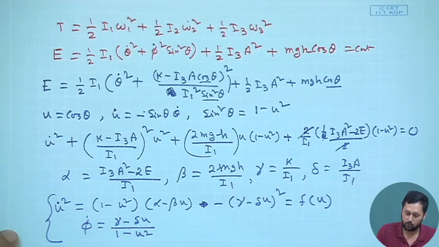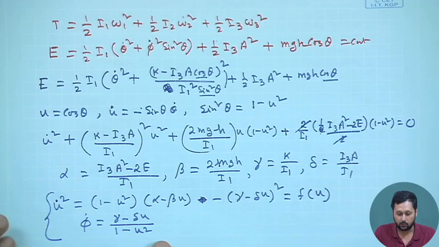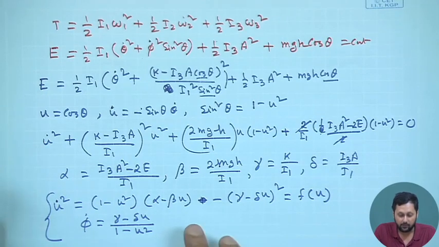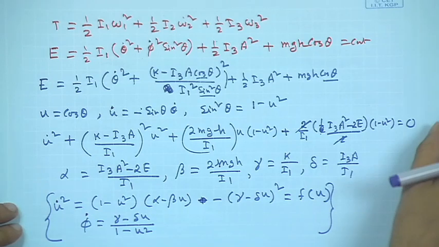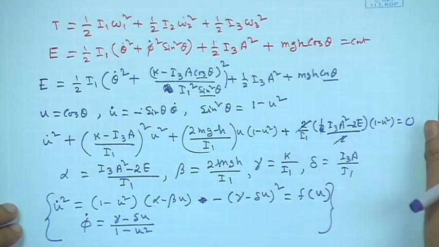So, these two are the expressions which we will be using to give a physical description of the top's motion. Now, if we try to integrate these two equations, what do we need to do?